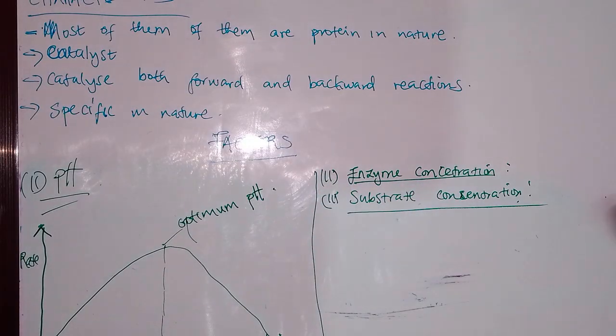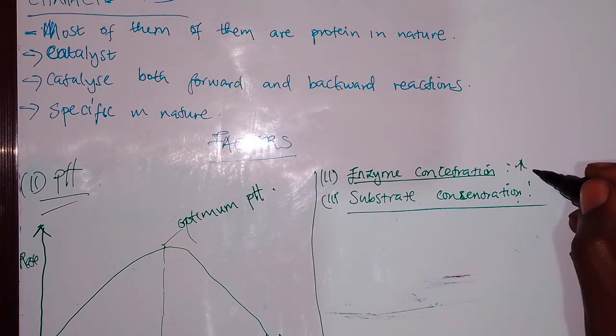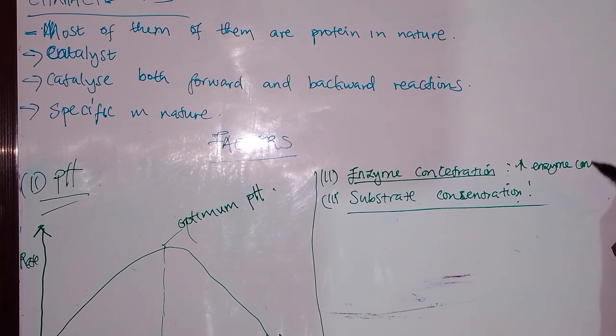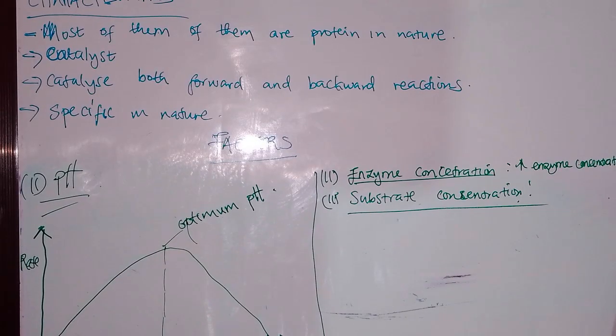So when we talk about the enzyme concentration, we are talking about the amount of enzyme. So if we increase the amount of enzyme, of course the rate of the reaction will increase because you are increasing the enzyme. So when you increase the enzyme concentration, you increase what?